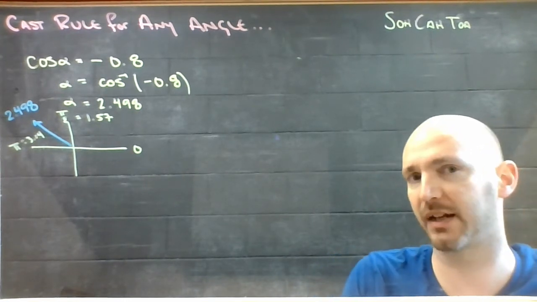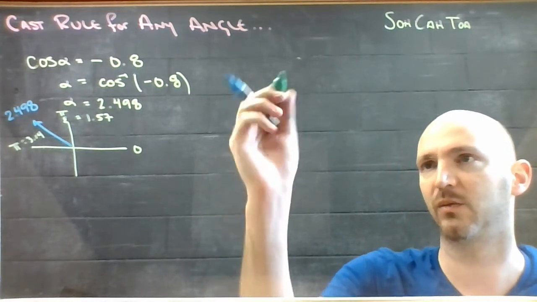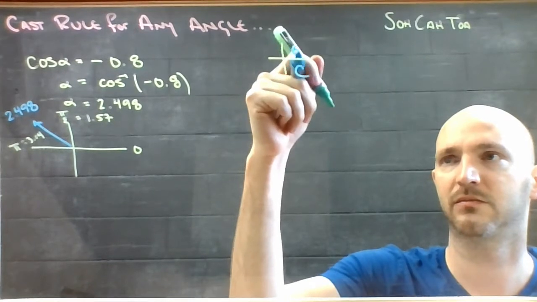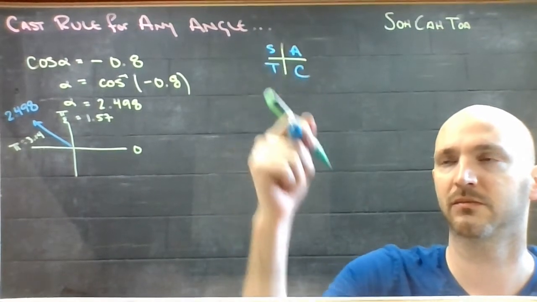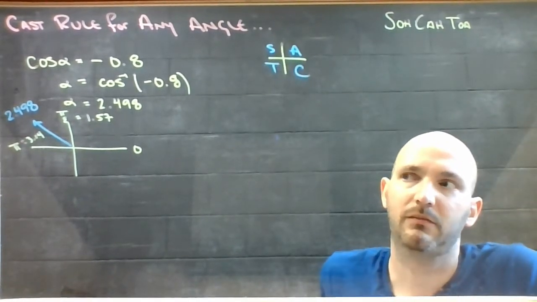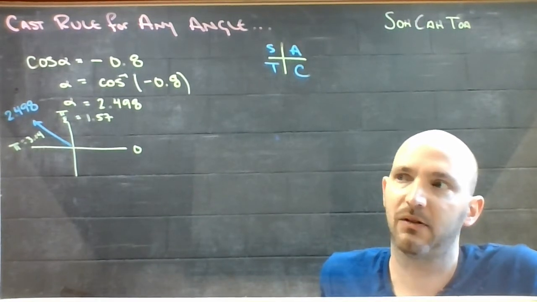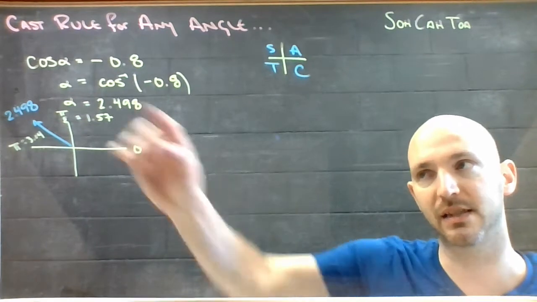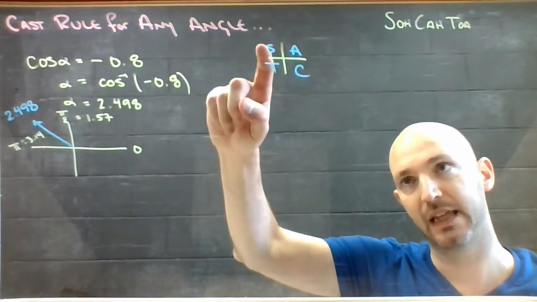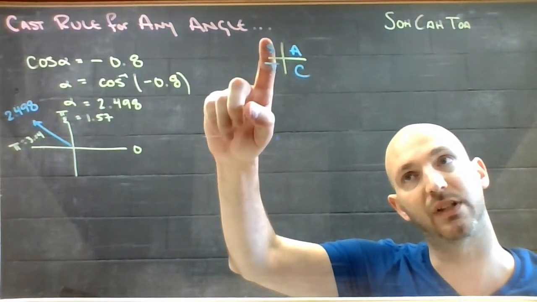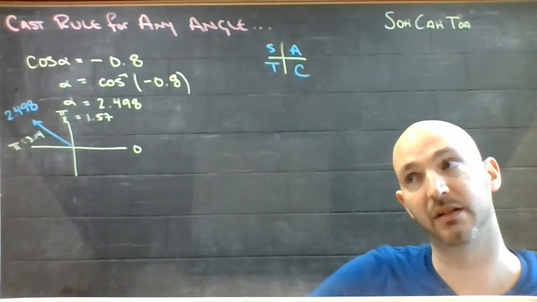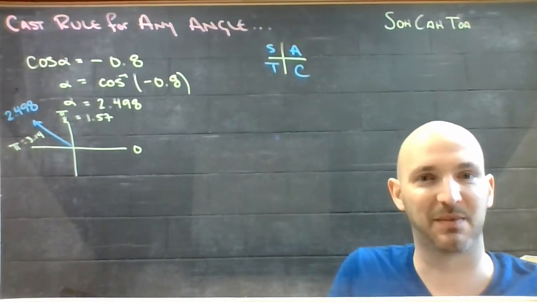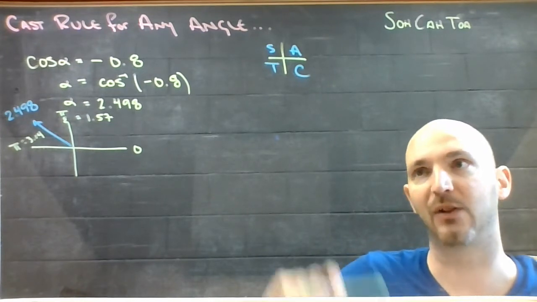Now I'm going to check my cast rule just to see why that is. So your calculator was smart enough to realize that because this cosine was negative, it needed to give you a solution that was in this quadrant up here. So it did. But now you need to be smart enough to figure out how to get this one.